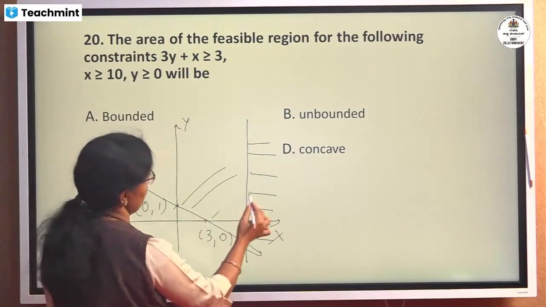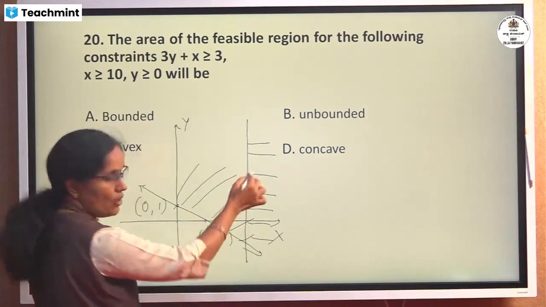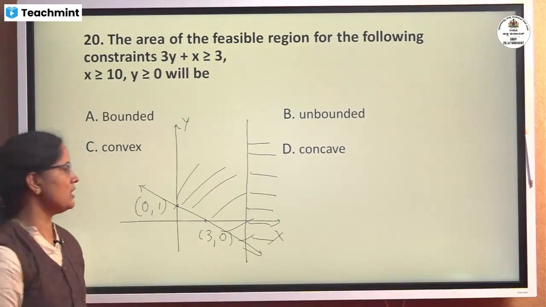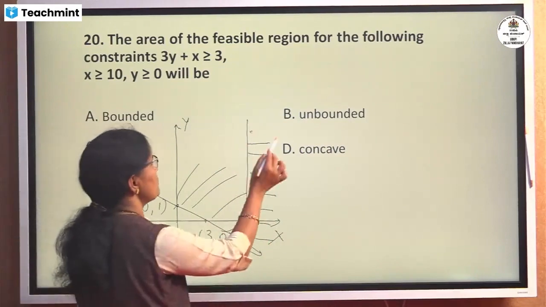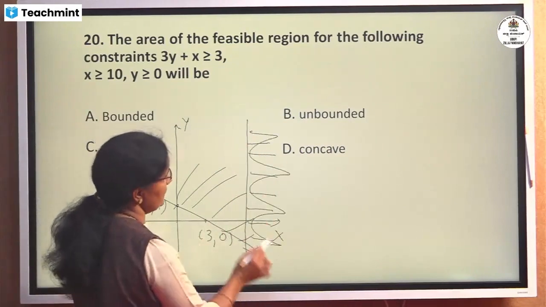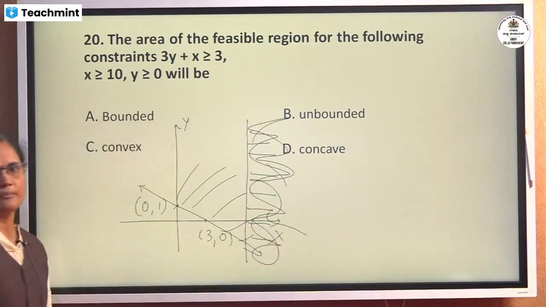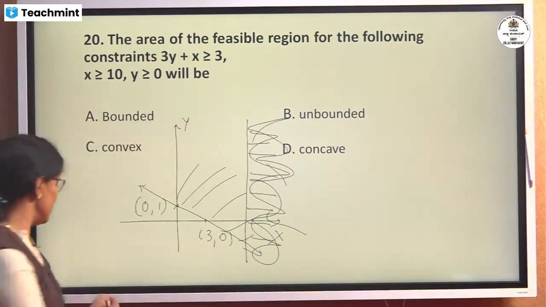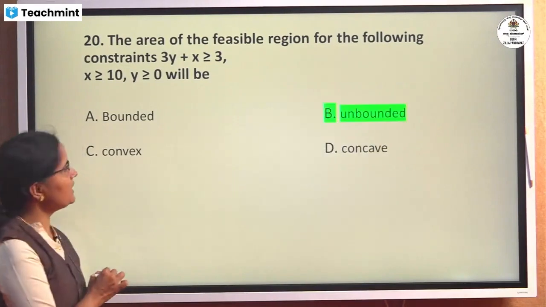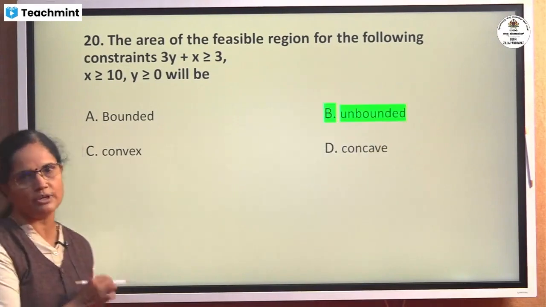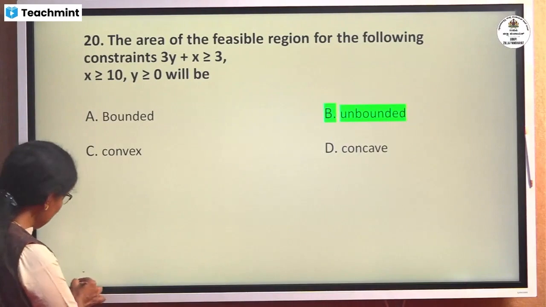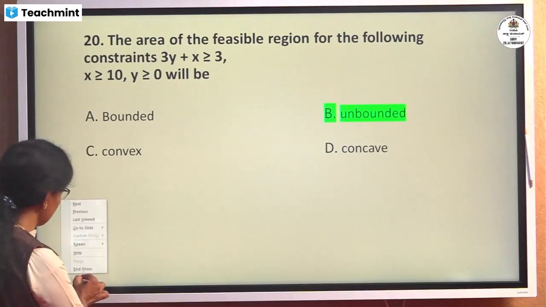Therefore, this is the solution. So then what is the common solution for both the inequalities? The common solution for both the inequalities lies in this area. It has no boundary. Therefore, if it has no boundary, then what is the answer for that? So that is unbounded. You have to write that. Okay. So let me go for the next question.